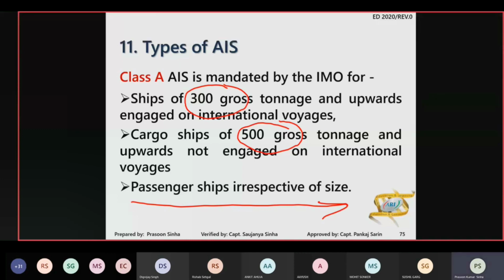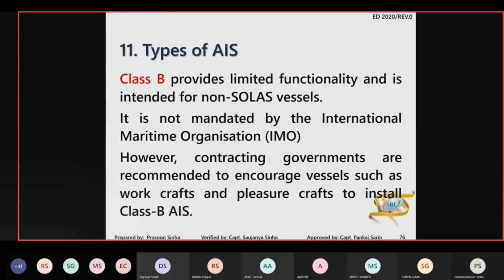So AIS class A is mandated for these categories of ship: foreign going 300 GRT and above, coastal 500 GRT and above, all passenger and tanker vessels, irrespective of size, irrespective of service where they go. Maybe coastal, maybe international.